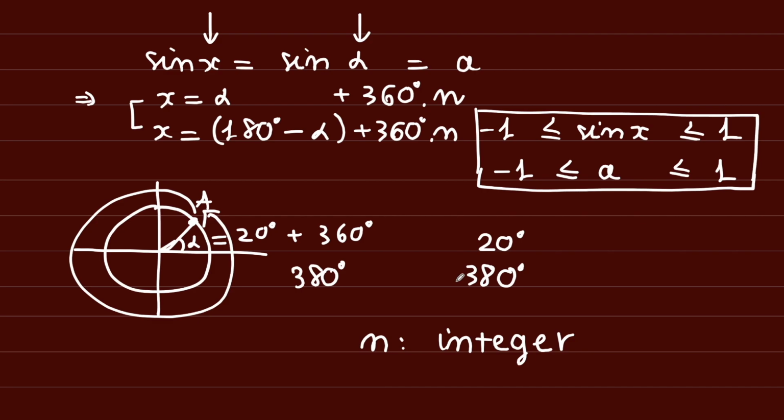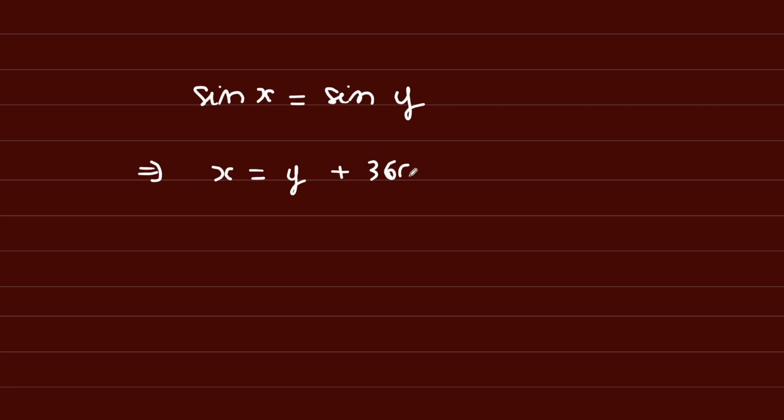Another example for this question: I have sine x on the left hand side equal to sine y on the right hand side. The first general solution is x equal to y plus 360 degrees multiplied by n.